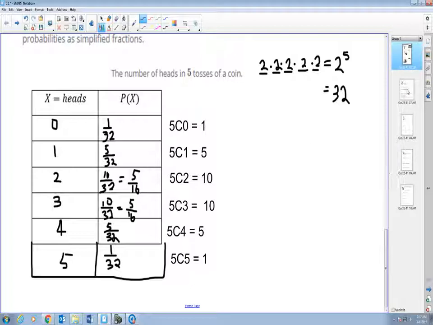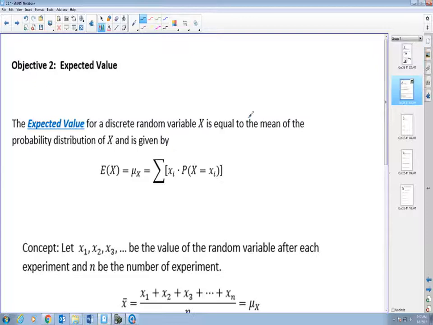So now the next topic will be something called the expected value. The expected value for a discrete random variable x is equal to the mean of the probability distribution of x. Expected value is referring to the mean of the probability distribution.